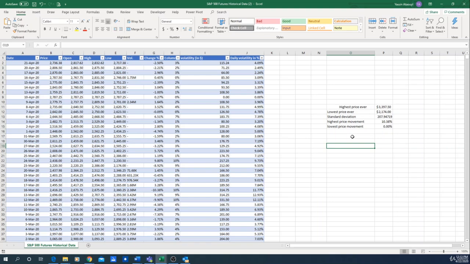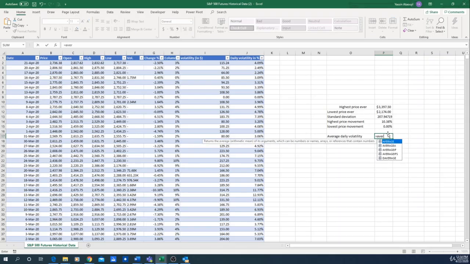All right, so the next question we wanted to answer was, what's the average daily volatility in percentage? So it's very simple. We'll write it down first. So daily, and we'll calculate it. So how do we calculate this?